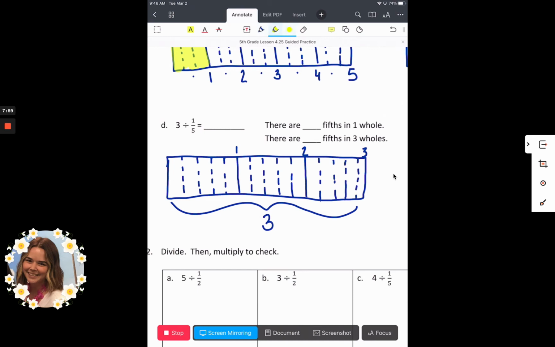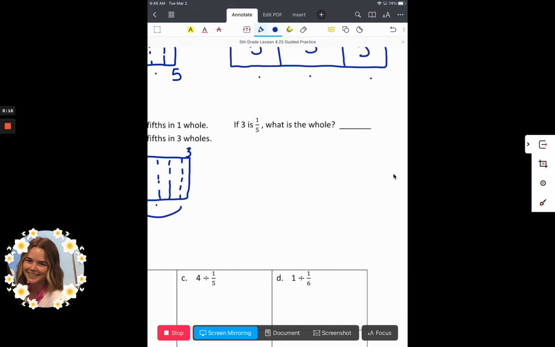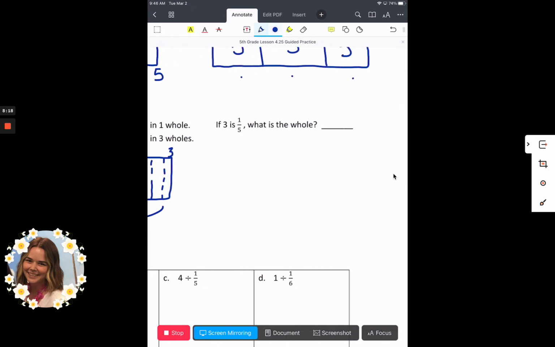So in one whole, so just in one part, we have 5/5. So in 3 wholes, we have 5, 10, 15. So then on the flip side of that, if 3 is 1/5, what is the whole?